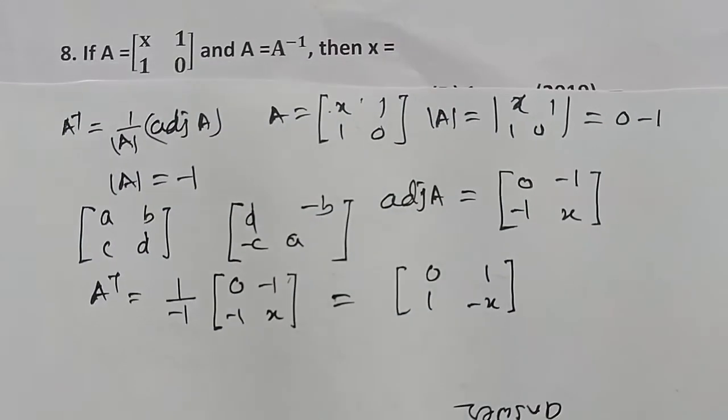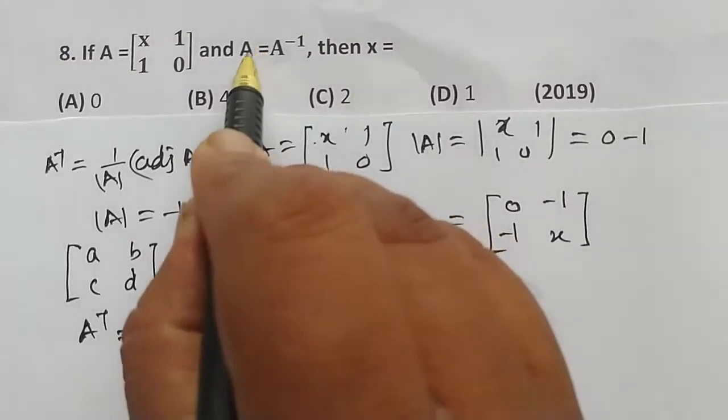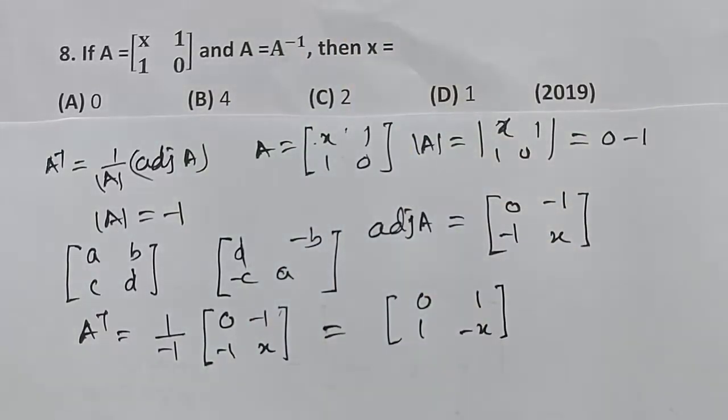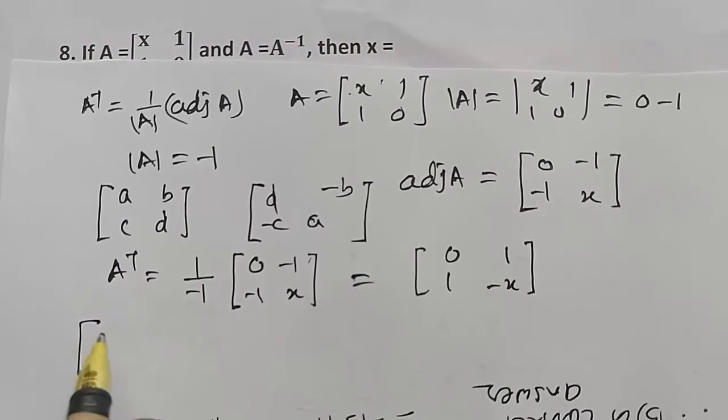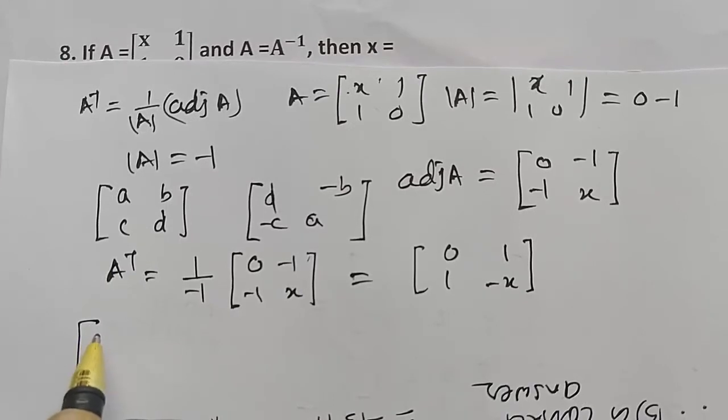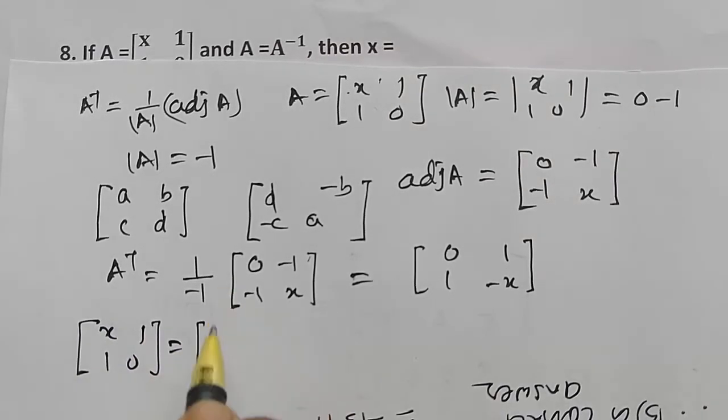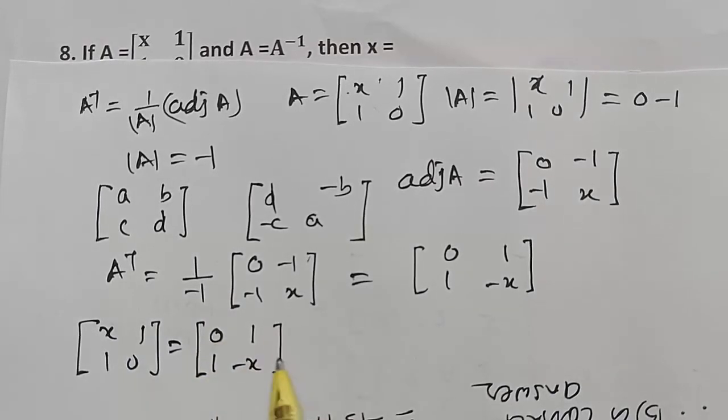And therefore we are given A is equal to A inverse. Therefore A inverse, that is A, is equal to matrix [x 1; 1 0], which is equal to A inverse, [0 1; 1 -x].